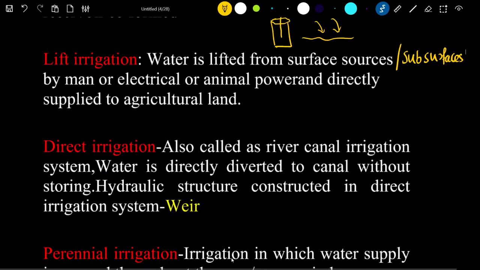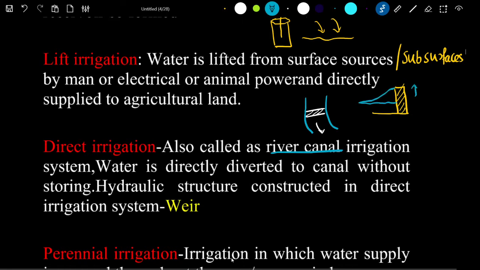Now, the next option given was direct irrigation. Direct irrigation is also called a river canal irrigation system. Here, some structures such as a barrier like a weir or barrage are constructed across a river. Now, the purpose of this structure is not to store water, but just to increase the level of the water. We know that if water is flowing and suppose we create an obstruction like this, of course, there will be a heading up of water.